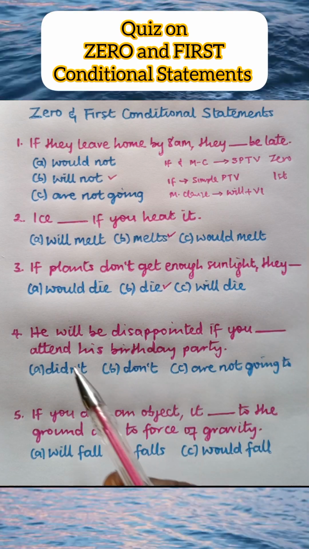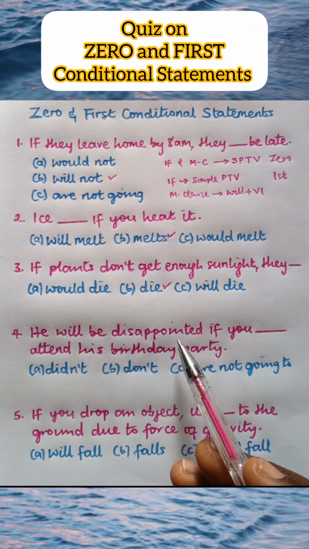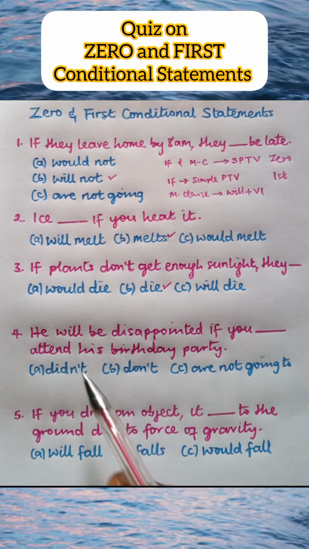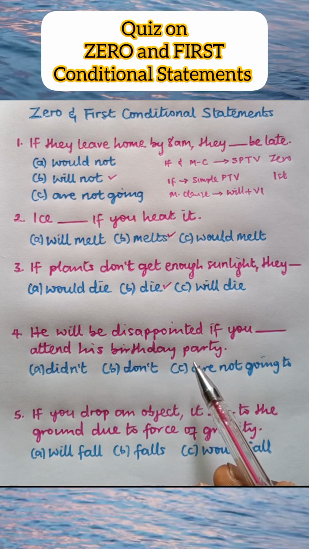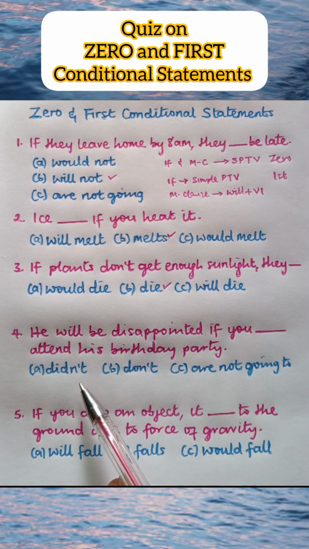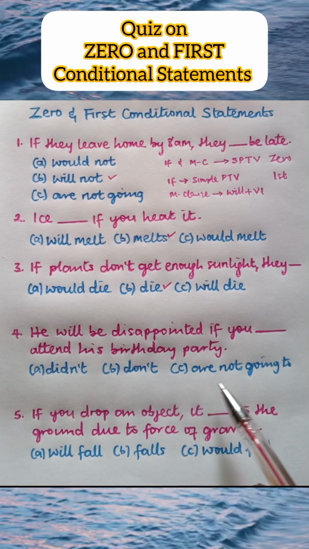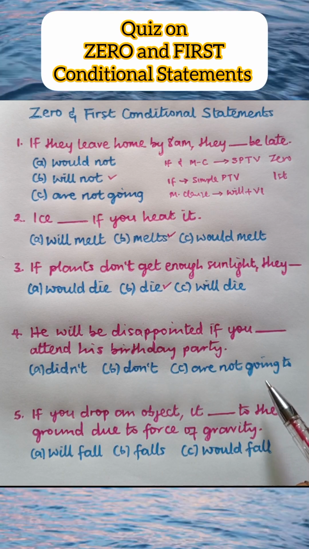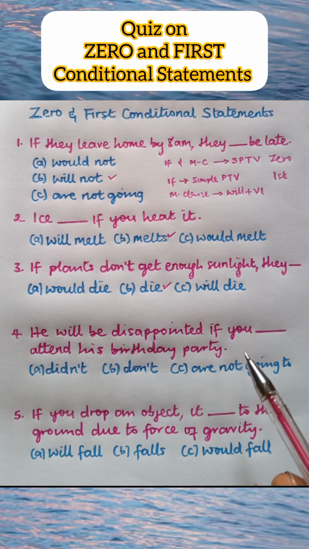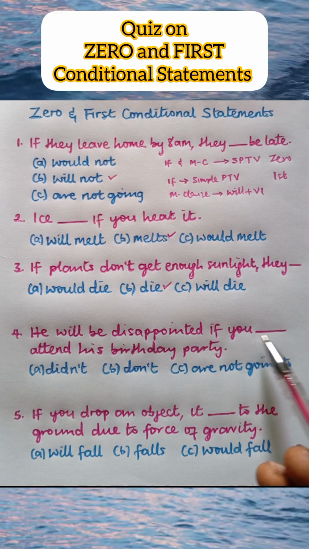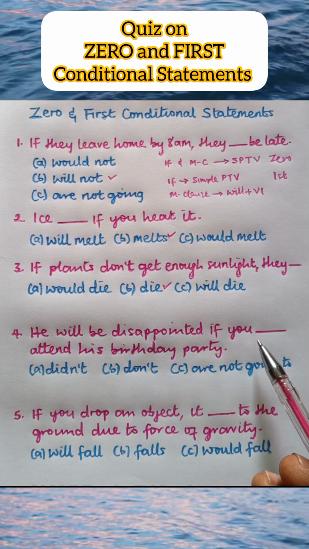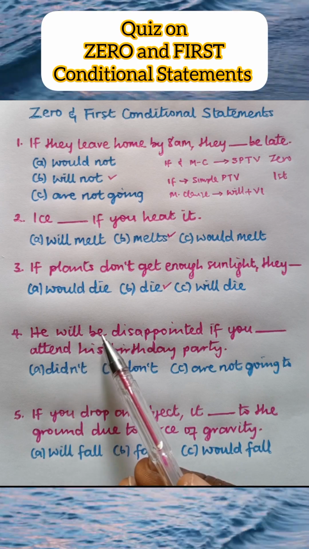Next, question 4. He will be disappointed if you blank attend his birthday party. A, if you didn't attend his birthday party. B, if you don't attend. C, if you are not going to attend. Now, it is the if clause that contains the blank, and the verb in the main clause is will be.